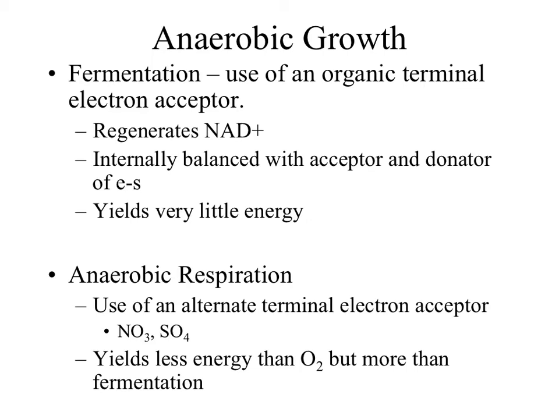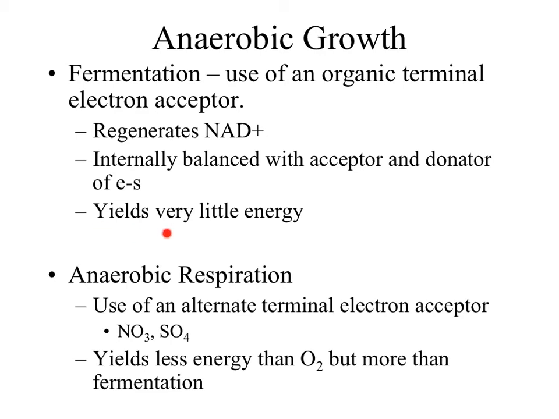What we do here is regenerate NAD plus so that glycolysis can continue. We refer to it as internally balanced with acceptor and donator of electrons, meaning that the fermentation process itself generates the electron acceptor. So you don't have to have an external electron acceptor.